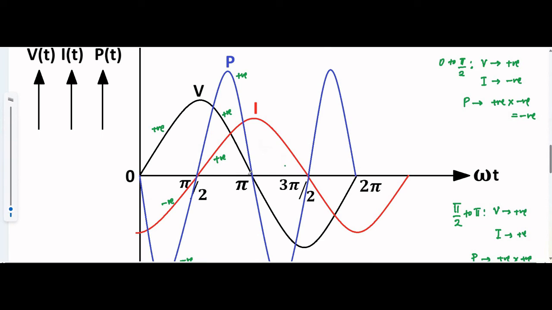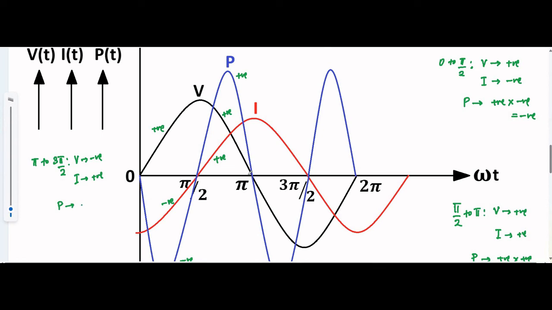Next, from pi to 3 pi by 2. See here, voltage, this black one, is in the negative, downward direction. So voltage is negative, and current, the red one, is positive.